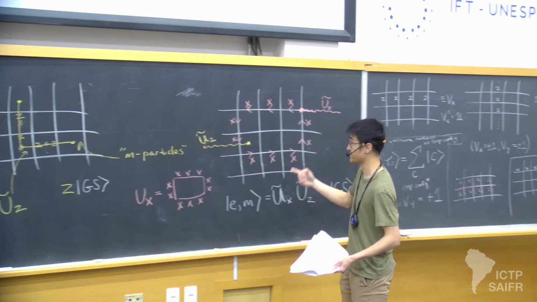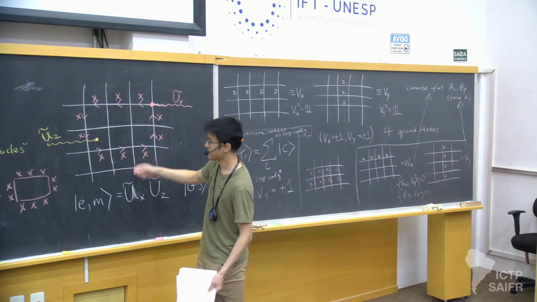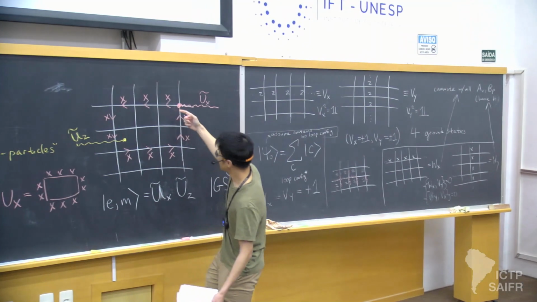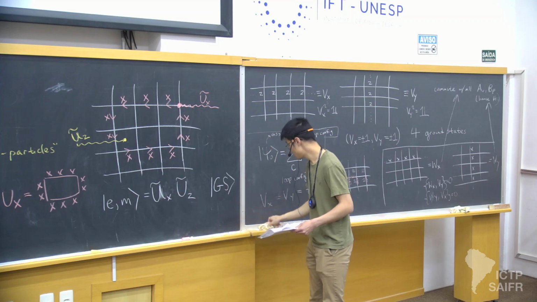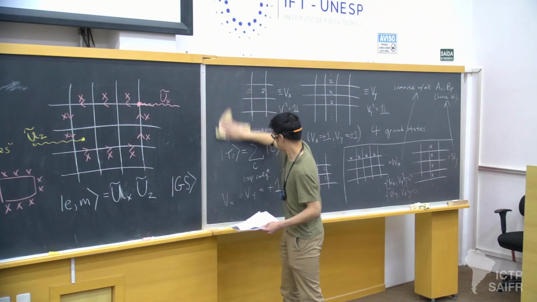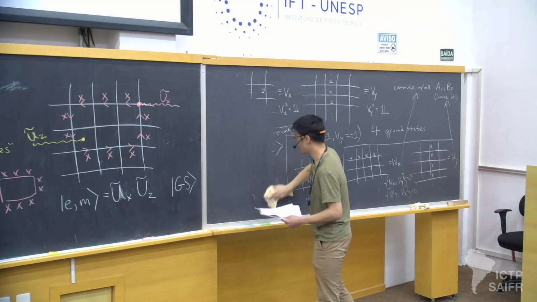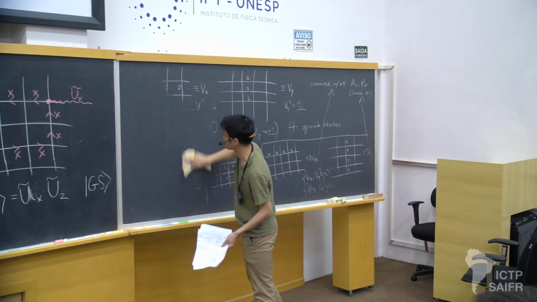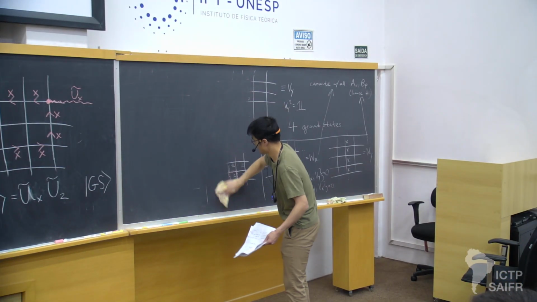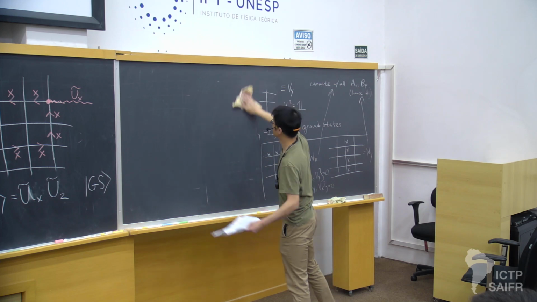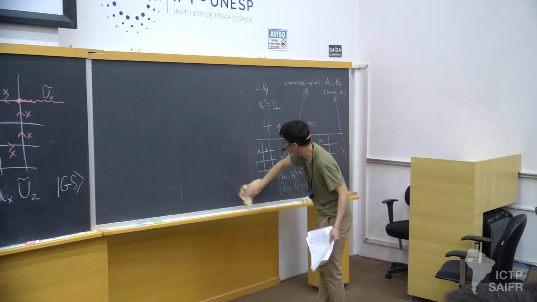Okay, let's say the tilde denotes these string operators, and without the tilde is just this operator I use to move this around the other one. Okay, so let's see what happens to this excited state EM after I apply this movement operator.